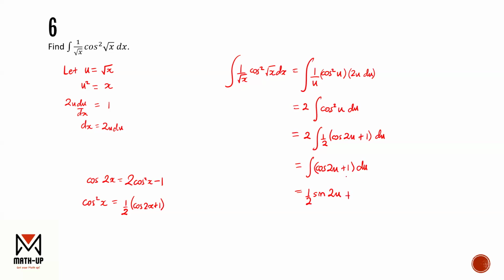When you integrate 1 with respect to u, you get u, and then we have an arbitrary constant of integration. But our original question was in terms of x, so we should leave our final answer in terms of x. So it's going to be a half sine 2 root x plus c. Any questions?